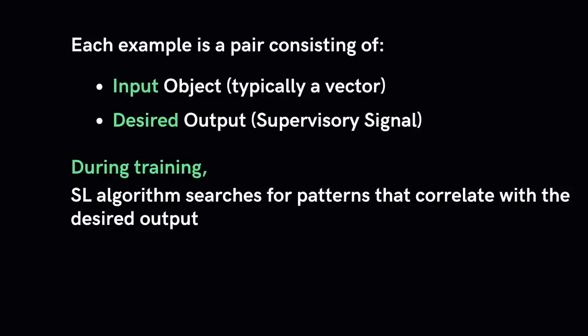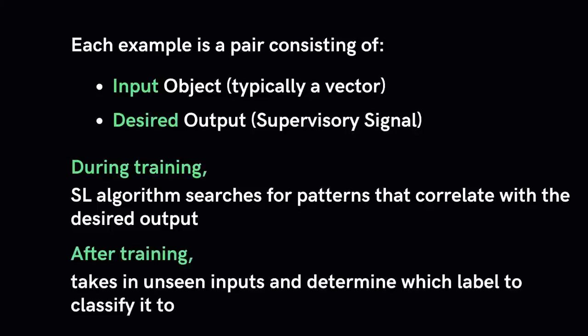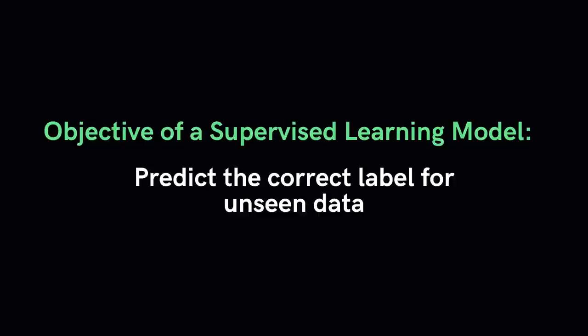During training, a supervised learning algorithm will search for patterns in the data that correlate with the desired outputs. After training, it will take in new unseen inputs and will determine which label the new inputs will be classified as based on prior training data. The objective of a supervised learning model is to predict the correct label for newly presented input data.